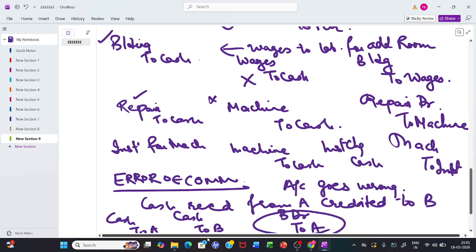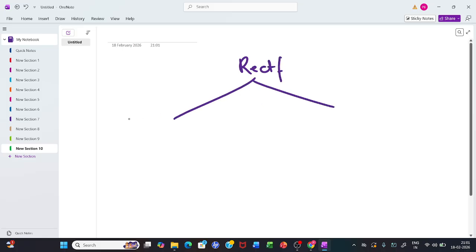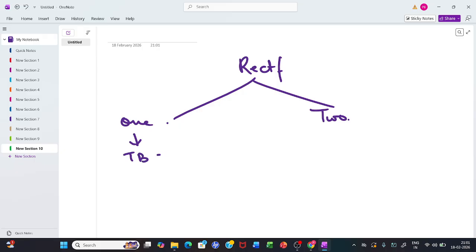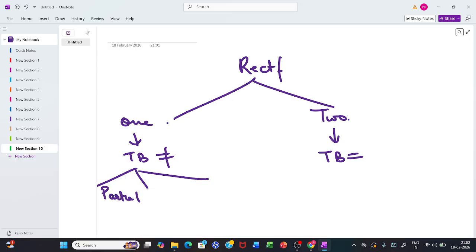So let's do a quick recap of what we have done as of now. In rectification, there are two types of errors, one-sided and two-sided. In one-sided errors, the trial balance does not tally, whereas in two-sided errors, the trial balance will tally. The examples for one-sided are error of partial omission, error of totaling and carrying forward.